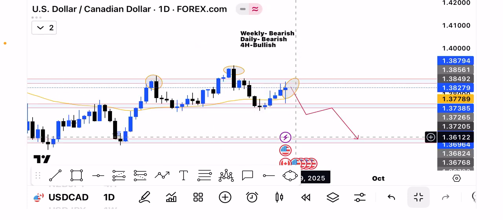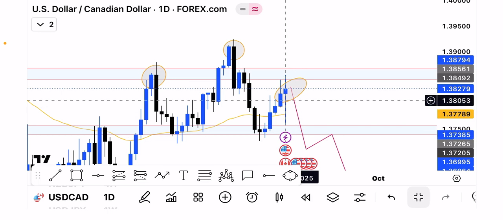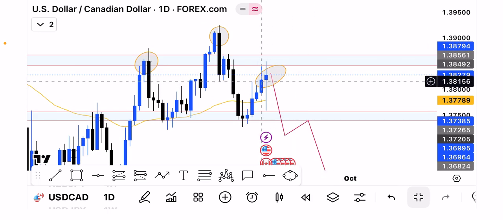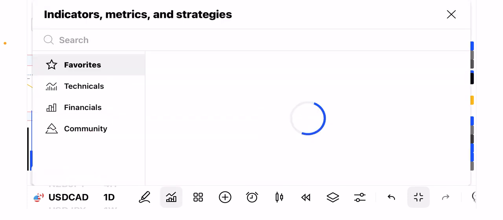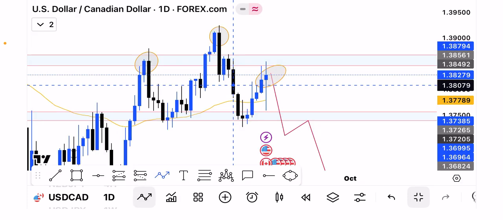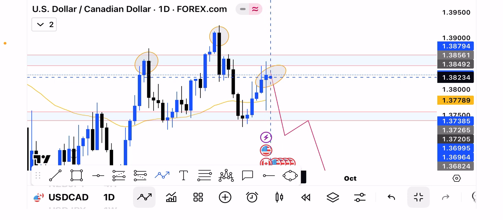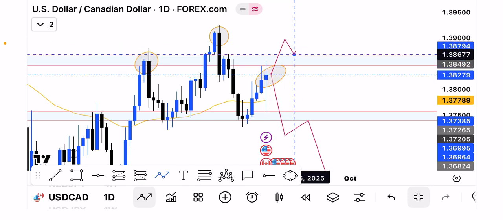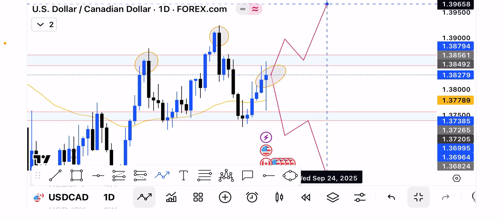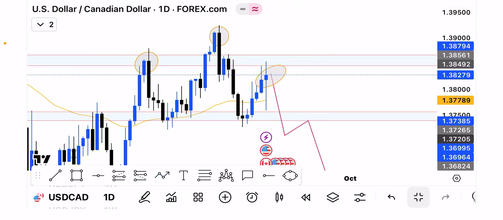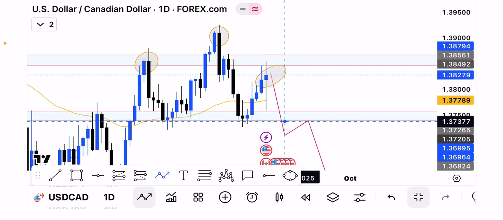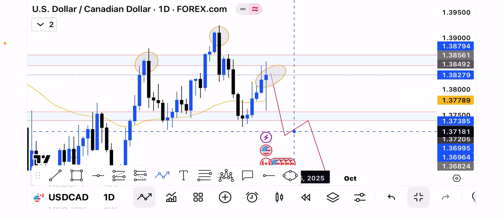So the daily time frame is also creating potential head and shoulder, and I can't take this trade here because it can do something like this, break, retest, then go up. But what I need to do is wait for it to break down.